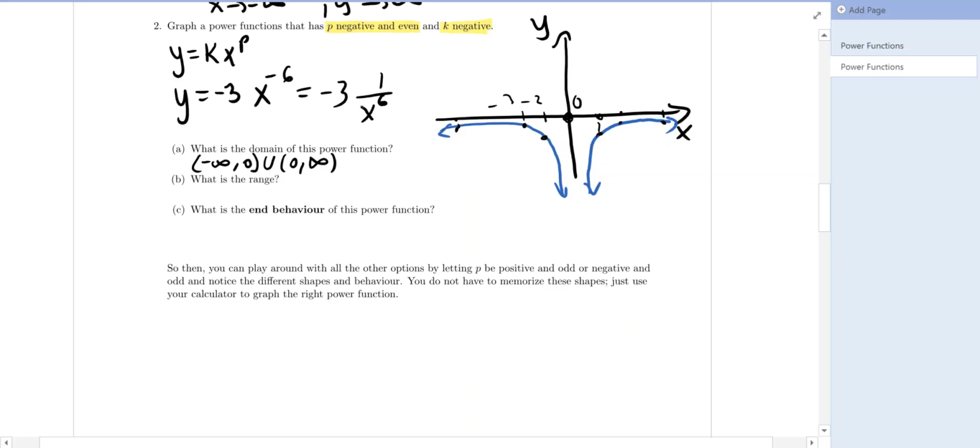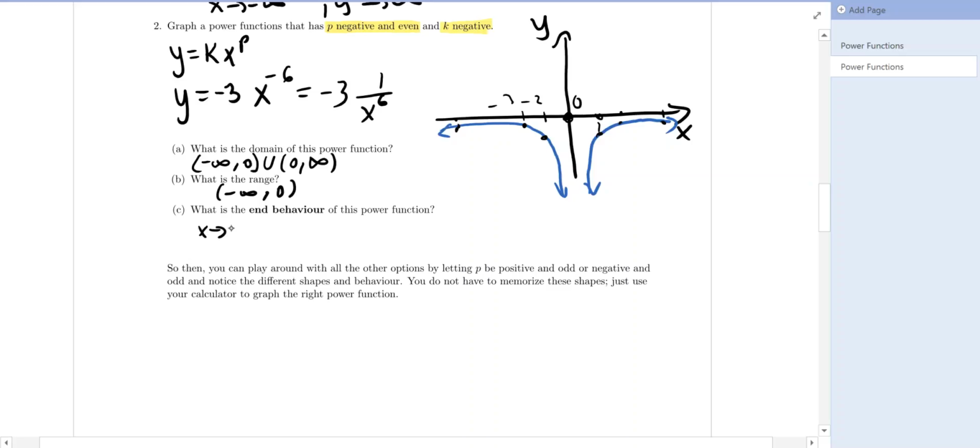So I can't divide by 0, so 0 cannot be in the domain. That's why the domain is everything but 0. For the range, you see that the graph is below the x-axis and not on the x-axis. So the range is going to be 0. Actually, it's not 0. It's negative infinity to 0, right? It's below the x-axis.